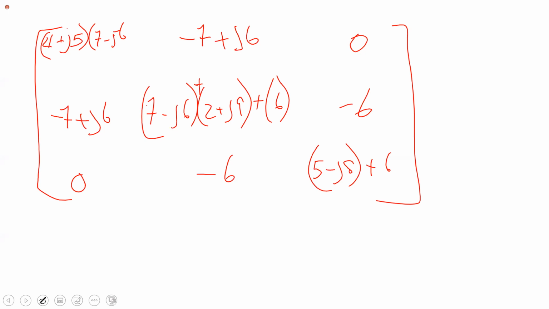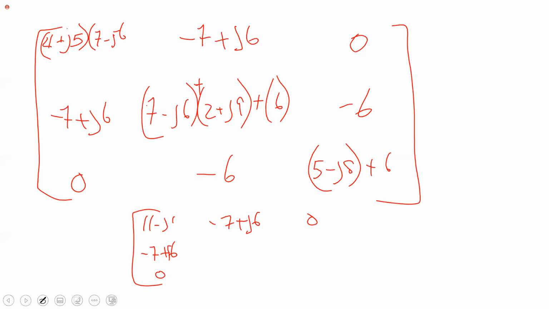All right. So the simplified matrix would be 11 minus J1, minus 7 plus J6, 0, 0, minus 7 plus J6.